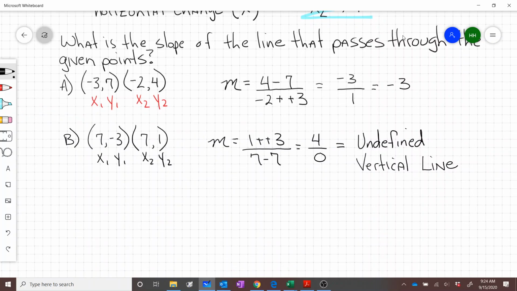And let's look at one more example where we got 3, 1 and negative 4, 1. And we label these x1, y1.